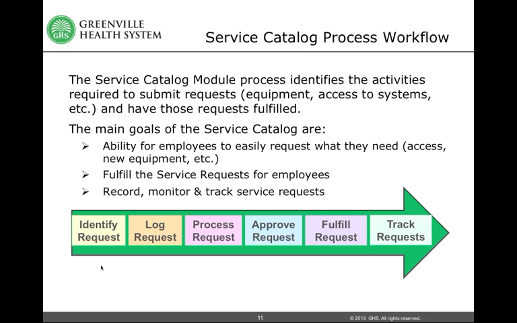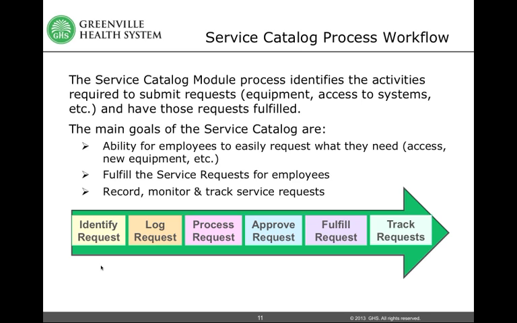So when you identify that you've got a request, you would then begin the request fulfillment process and not the incident management process. You've identified the request, you're going to log it. You figure out what you've got and you write it down. Those are great first 2 steps. You're going to do some sort of processing.